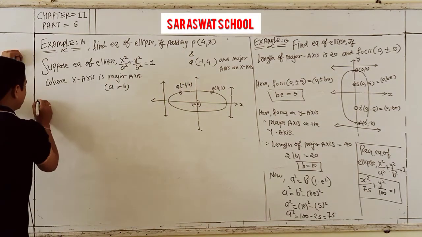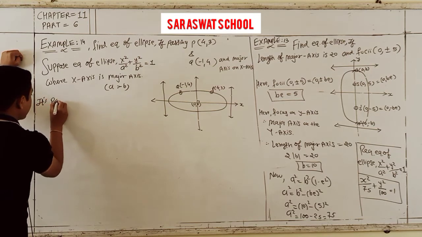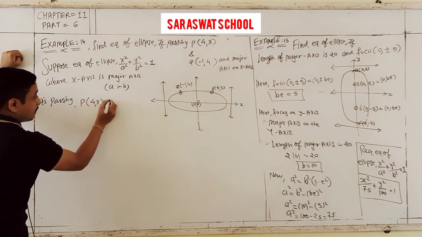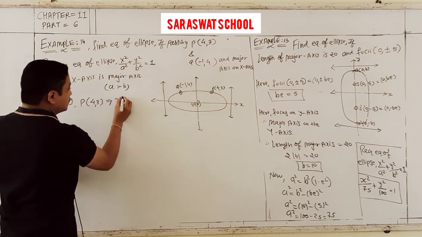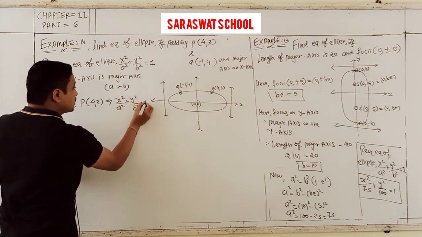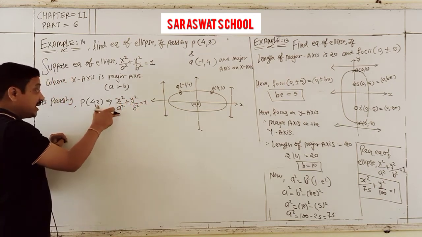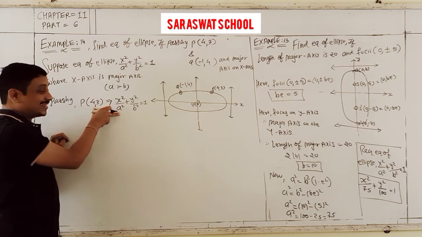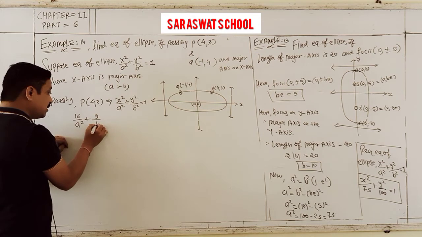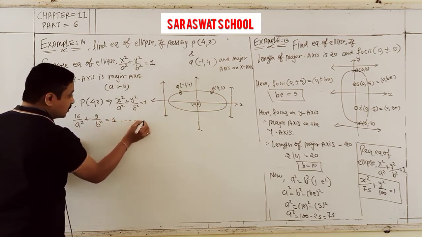It is passing through P and Q. Already given, P is (4, 3). Apply it to x square by a square plus y square by b square equal to 1. Apply x = 4, y = 3: 16 by a square plus 9 by b square equals 1, statement 1.